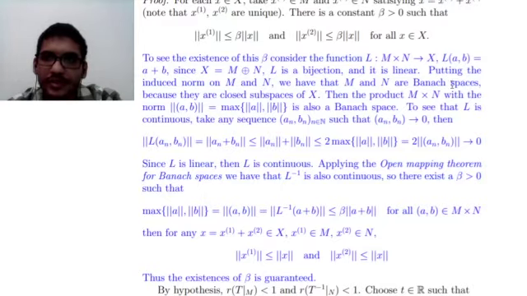To use the theorem we need to show that L is continuous, so we are showing this. Well, you compute the norm of L of (an, bn) is equal to this, and the inequality, I don't remember the name.